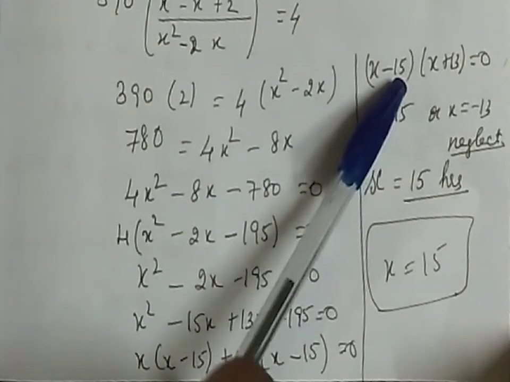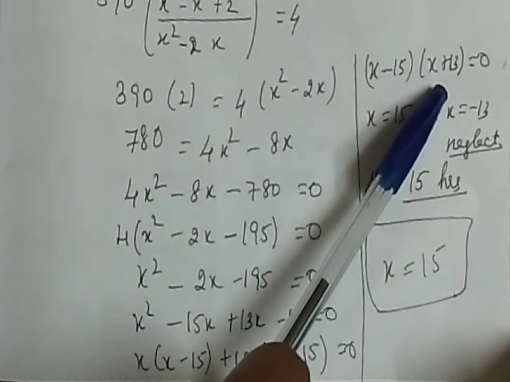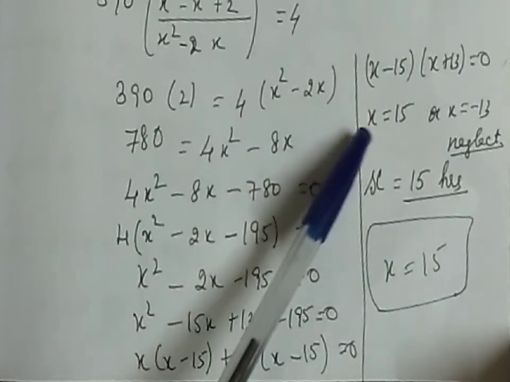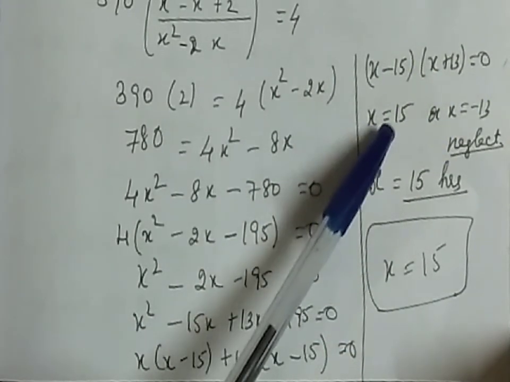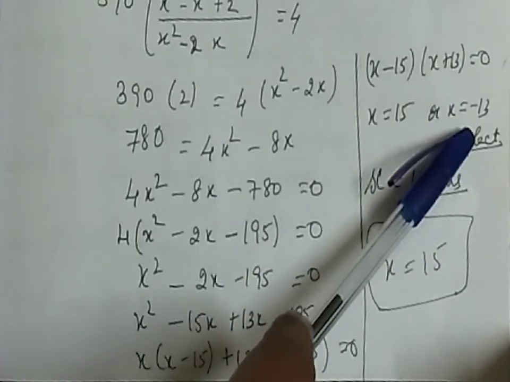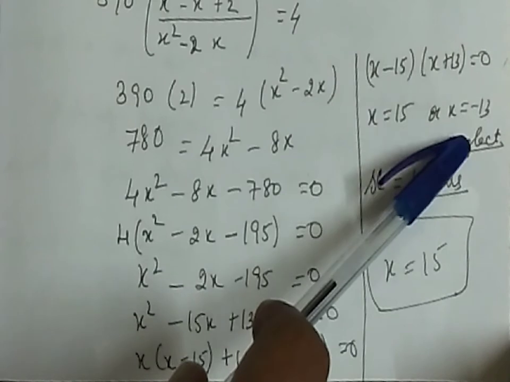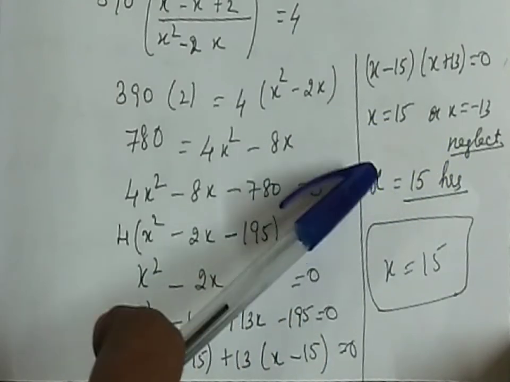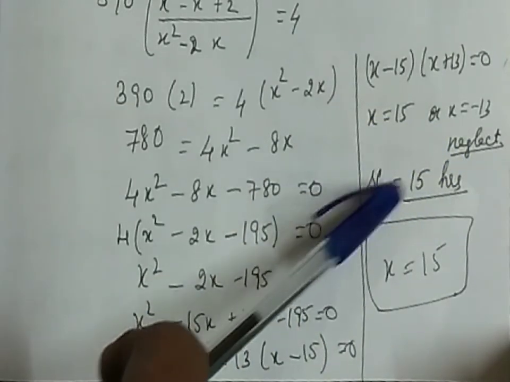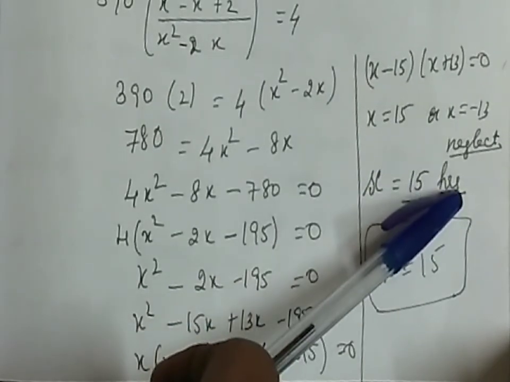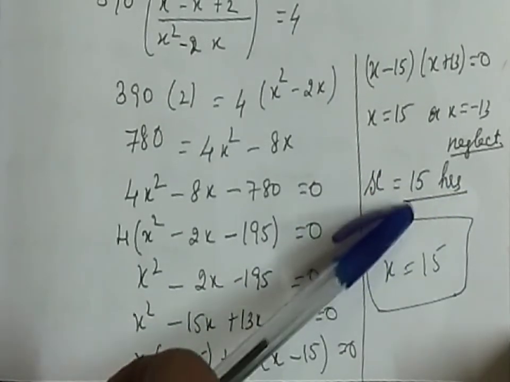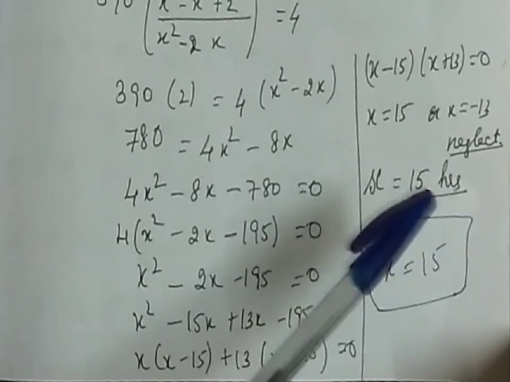So x minus 15, x plus 13 is equal to 0. Therefore, x is equal to 15 or minus 13. Leave the negative one. Take the positive. That is, x is equal to 15 hours.